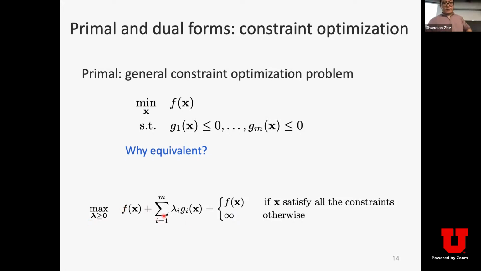We can observe that the Lagrange function is f(x) plus the linear combination of those constraint functions, right? Because x satisfies all those constraints, each evaluation of those constraint functions over x is negative. Now I want to maximize this value. What lambda should I choose?